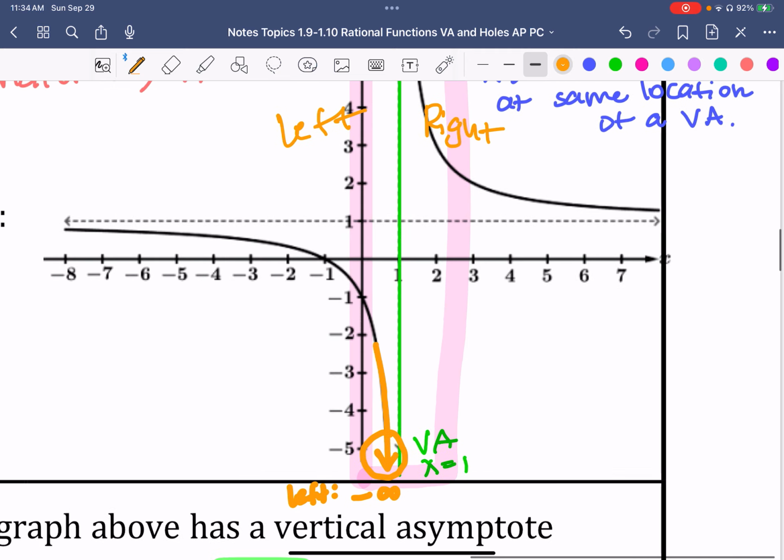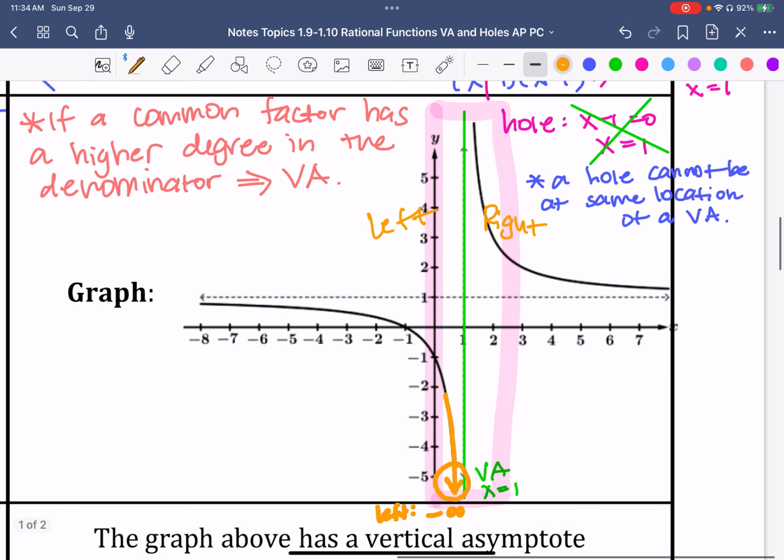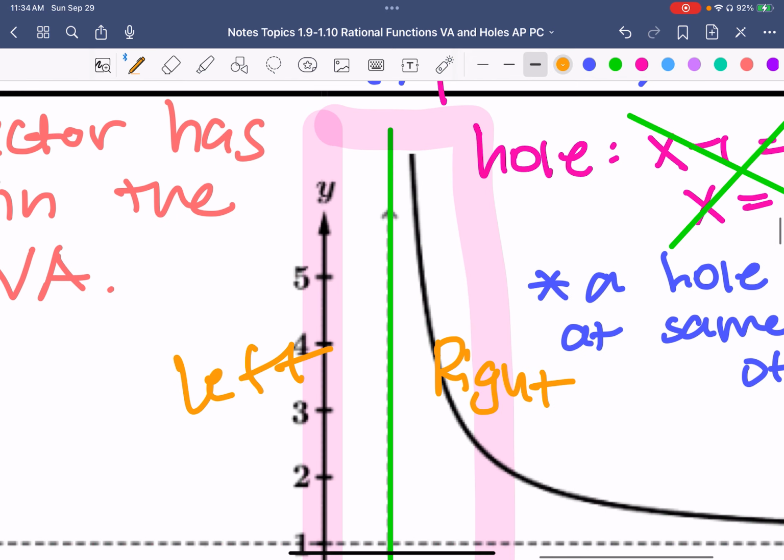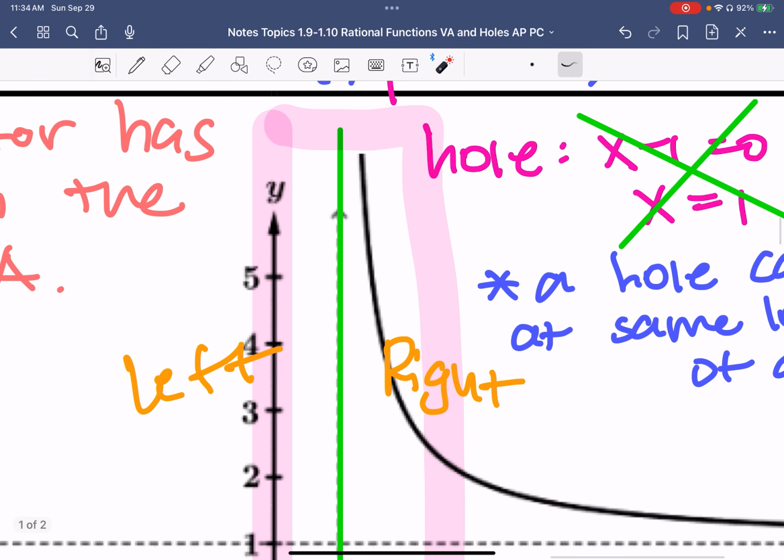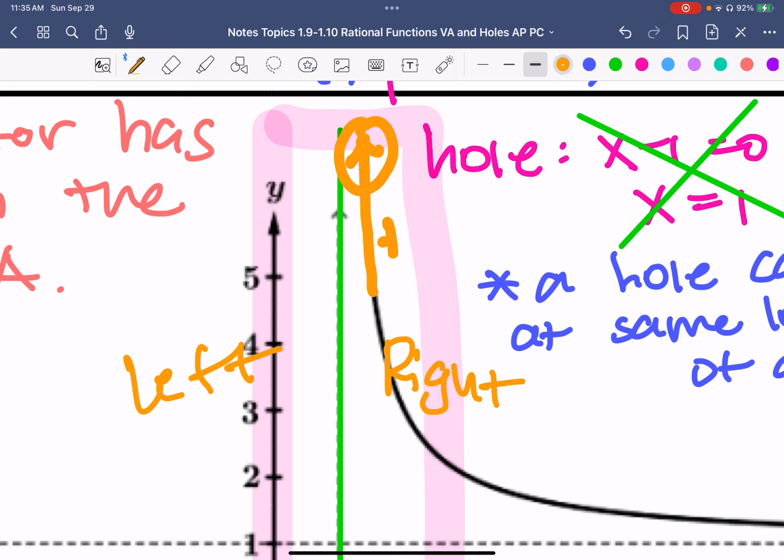Now let's repeat that with the right side. On the right side, I see the solid black line. Those are my y values. If I trace that immediately to the right of this green vertical asymptote, my y values are going up to positive infinity.